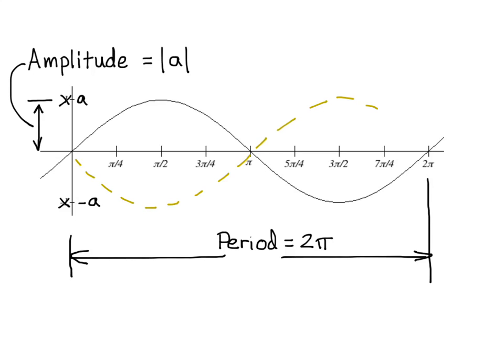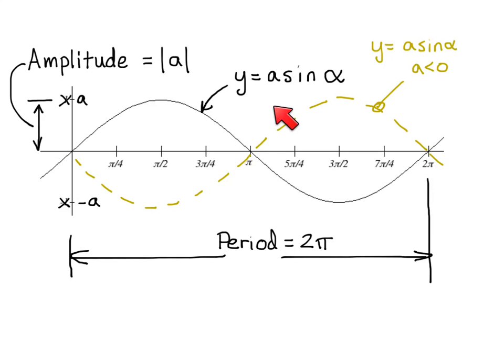Okay, so if I have something that looks just opposite, where if this first one is y equals a times the sine of alpha, this next one, a sine of alpha, is what it looks like when a is less than 0, or when it's negative, right? If we have, let's just say negative 1, the easiest case, it's going to actually start out where when you have the sine of pi over 2, that equals 1, and then 1 times negative 1 puts that value down there.